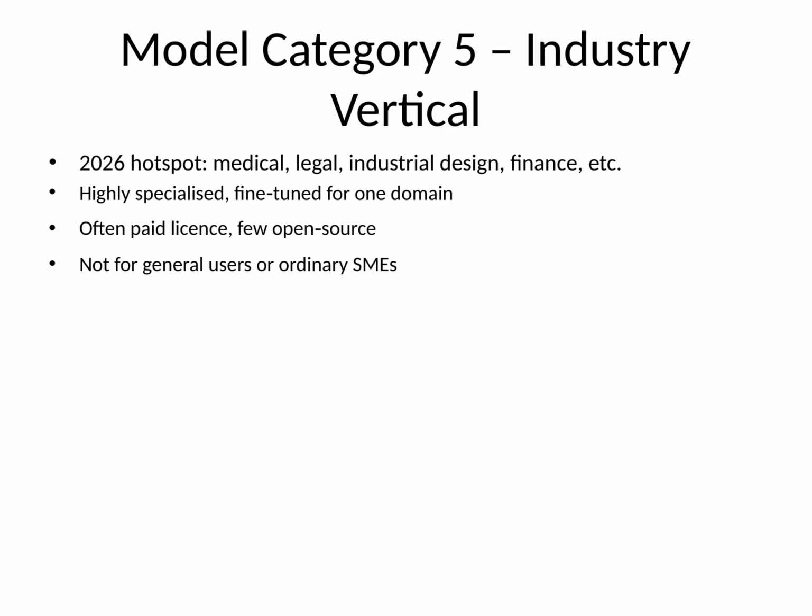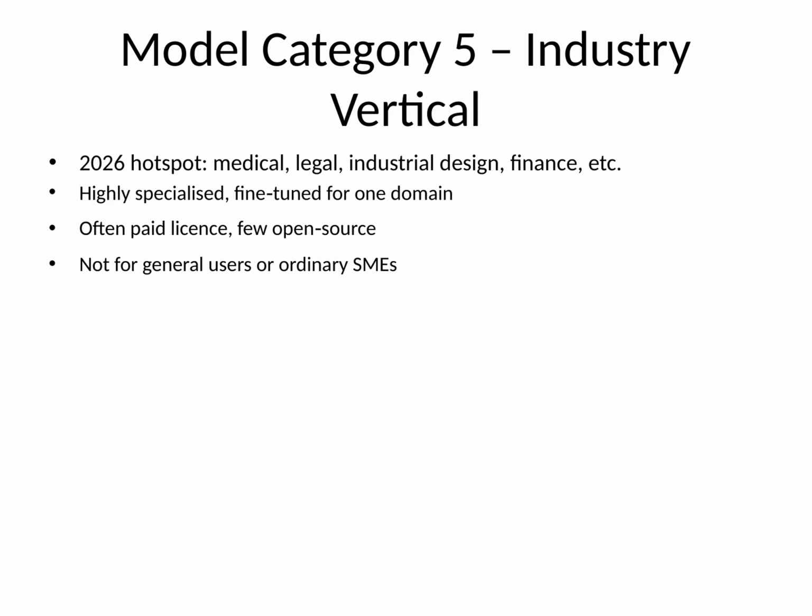In 2026, these models are a major growth area because they can directly improve professional productivity and decision-making. However, they often come with paid licenses, restricted access, or proprietary training data. Open-source alternatives are fewer compared to general language or image models.